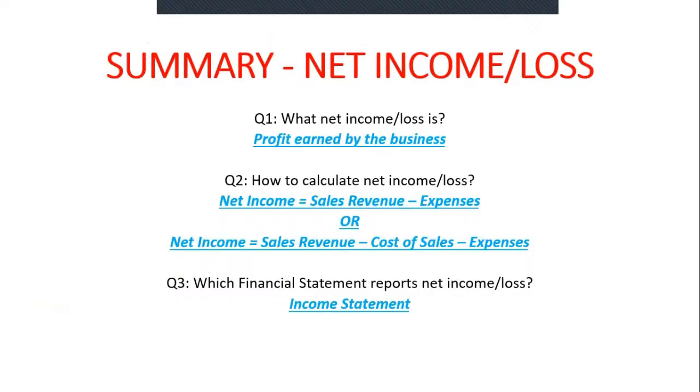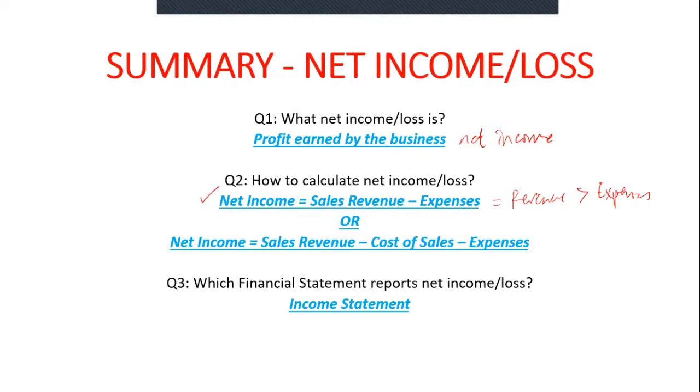Just to do a quick recap of this brief video on net income, we looked at three questions. What net income or loss is: it's the profit earned by the business, which refers to net income, and loss is basically when the business is losing money. Coming to the second question, there are two ways that you can calculate net income.